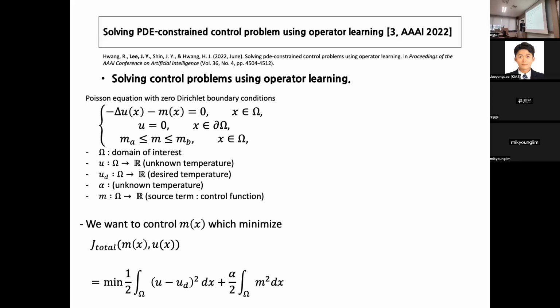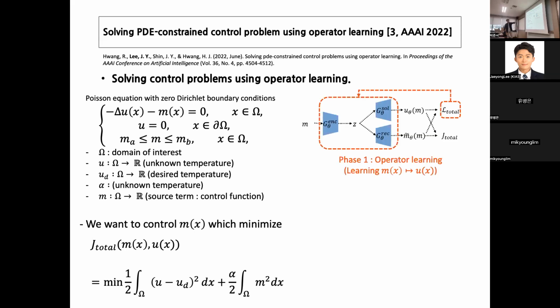But if we use operator learning, in the first phase we can use the operator learning approach to find a mapping from m to u.